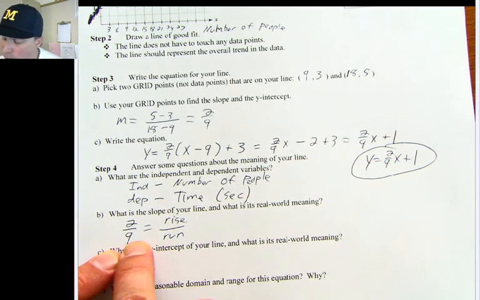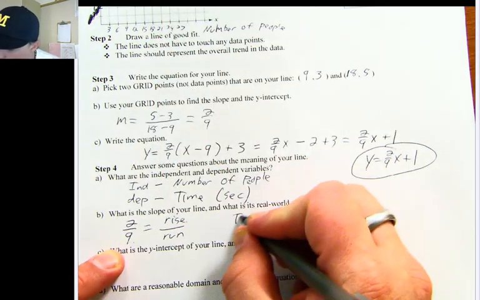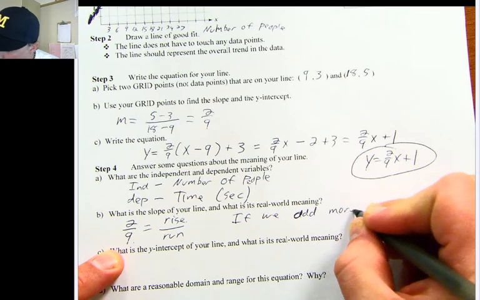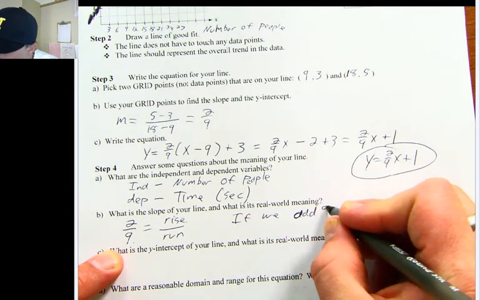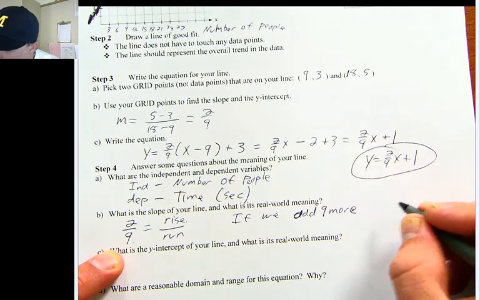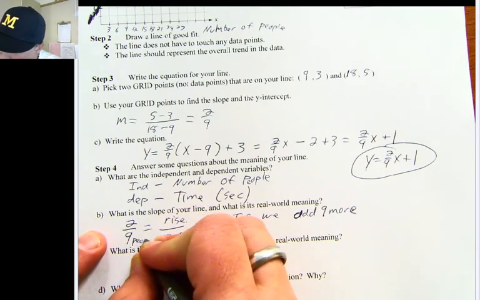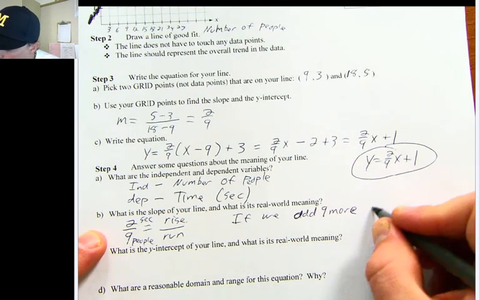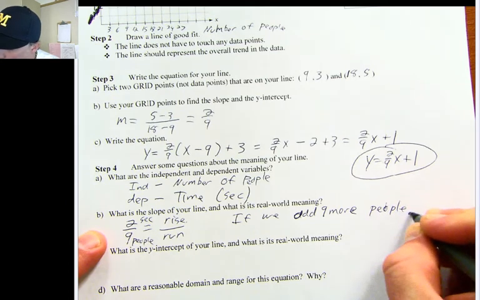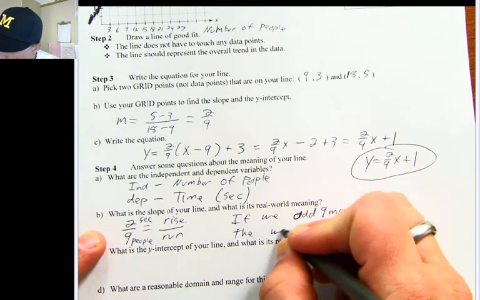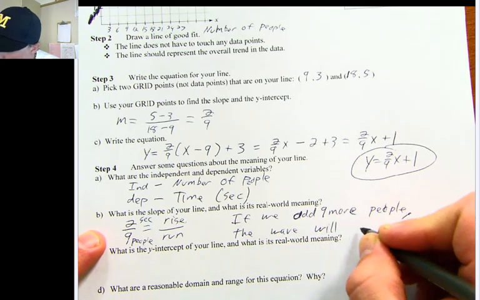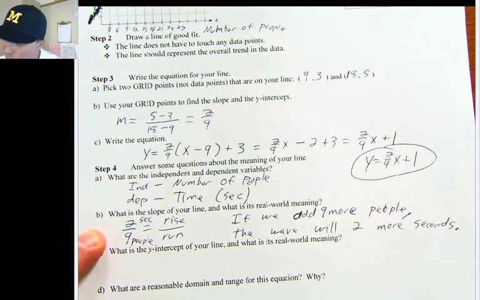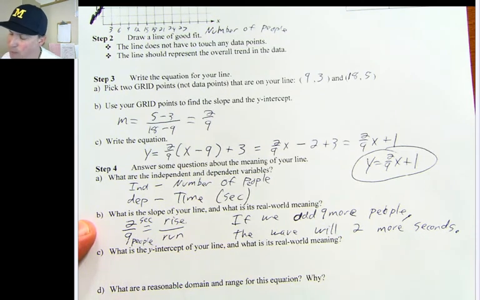So if our x coordinate changes by 9, so if we add 9 more people, because 9 stands for people and 2 stands for seconds, if we add 9 more people, comma, the wave will last 2 more seconds, according to the slope, rise of 2, run of 9.